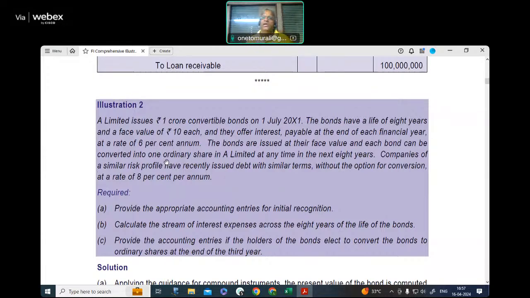Otherwise, our books of accounts will not have reliability. Therefore, we are expected to charge at 8%. So what we are expected to do is that cash flows are to be taken up at 6%, but they are to be discounted at 8%.